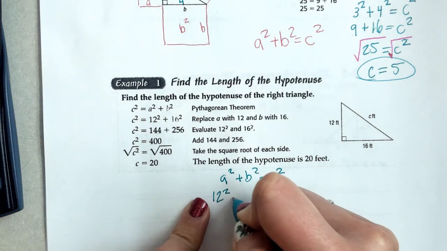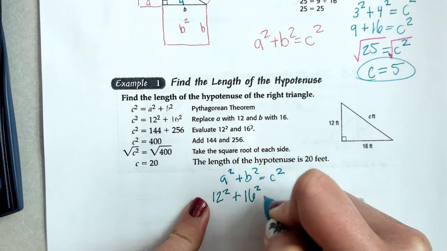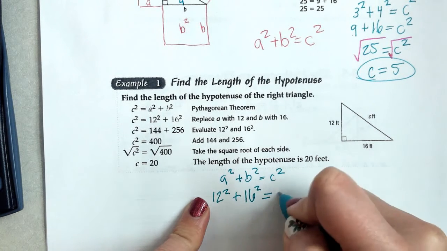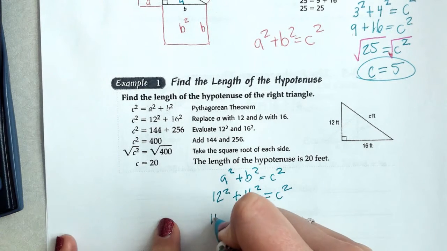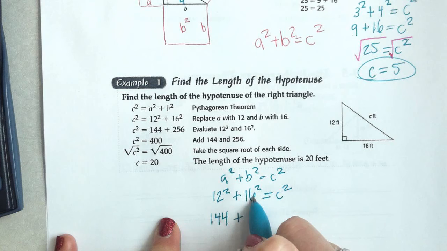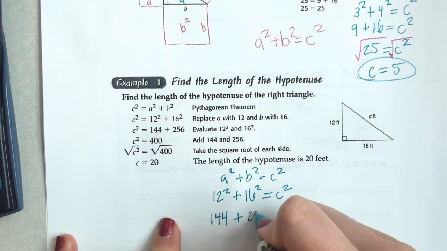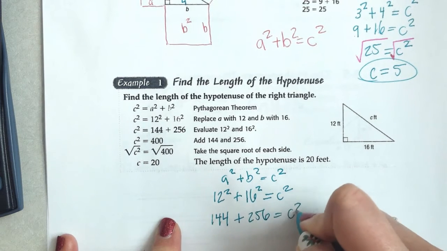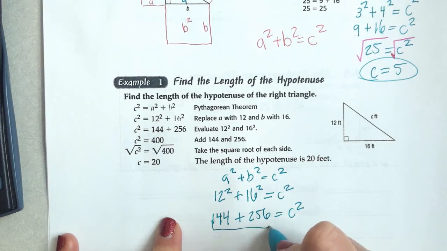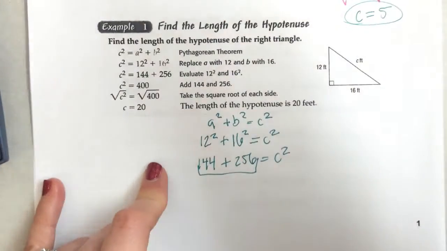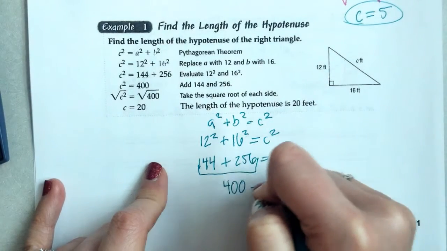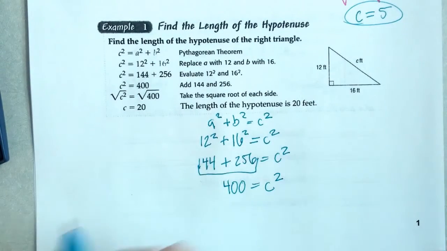So 12 squared plus 16 squared equals c squared. And 12 times 12 is 144. 16 times 16 is 256. I would add those up, simplify that side, and when I do that I get 400 equals c squared.